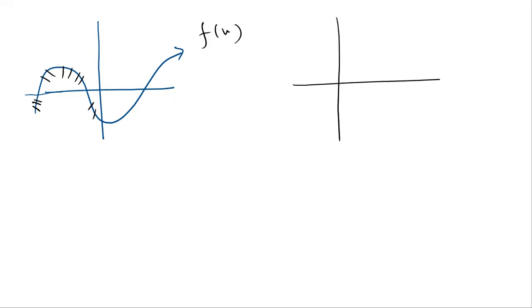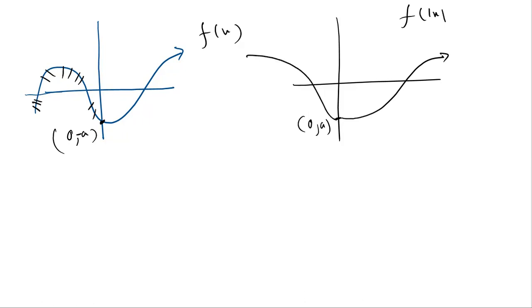Now, to draw this f of mod x, what will happen? Let me take this as 0 comma a, 0 comma minus a. Keep this part the same, and take the mirror image of this, like this.